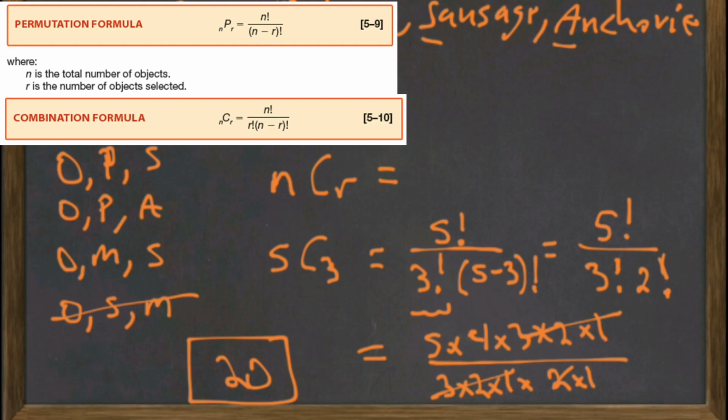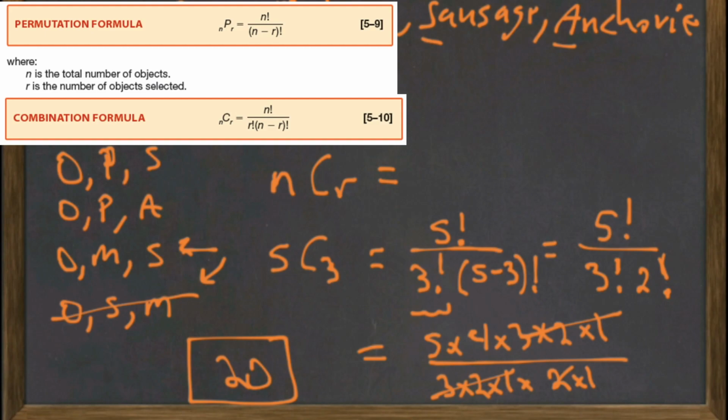Hmm, so there are 20 different 3-topping pizzas that we could make from these 5 items. You can see the permutation and the combination formula are very similar, and really the combination formula eliminates these redundant options because we don't care what order they are in. What this highlights is that we have to be pretty careful about what we care about when we approach a problem.